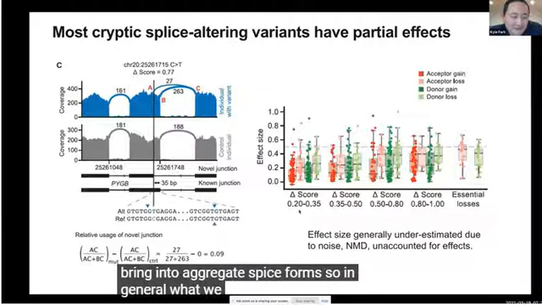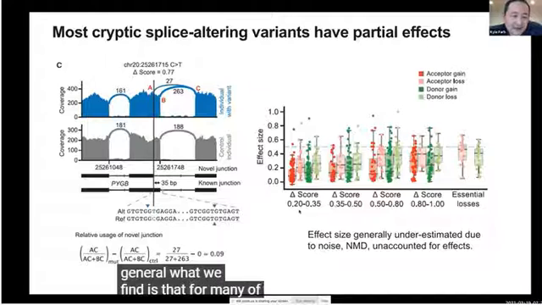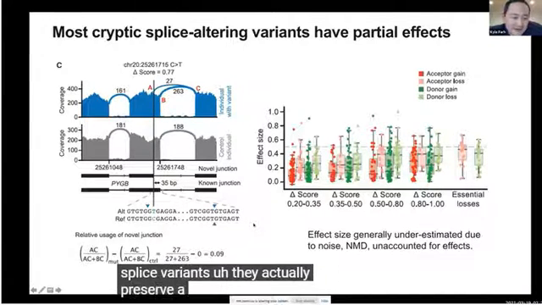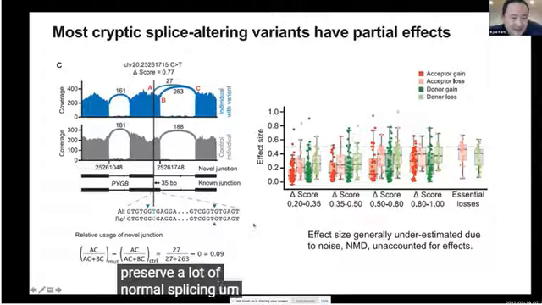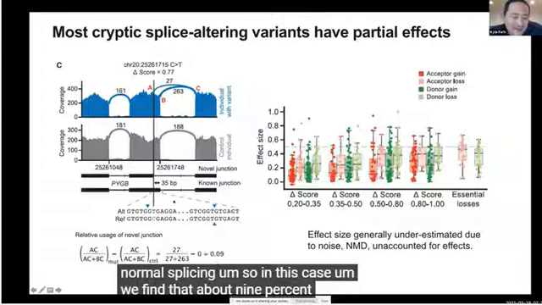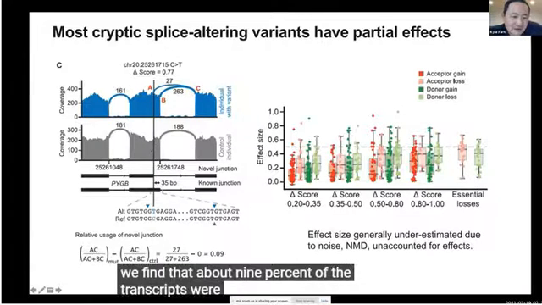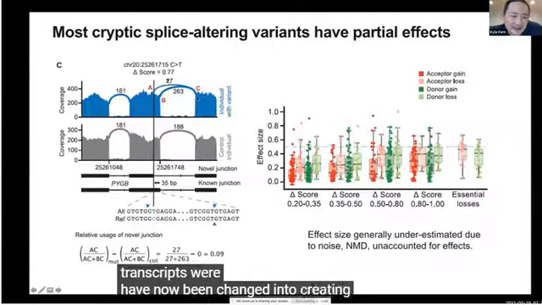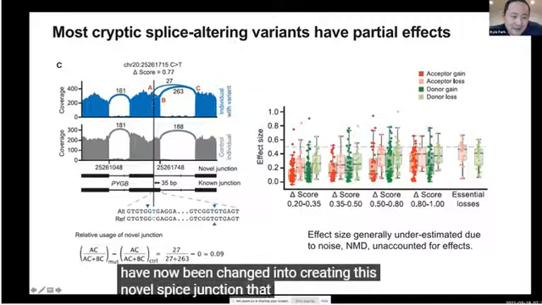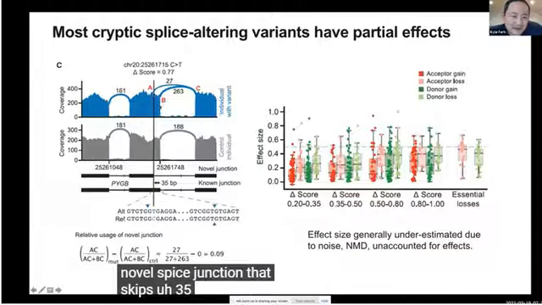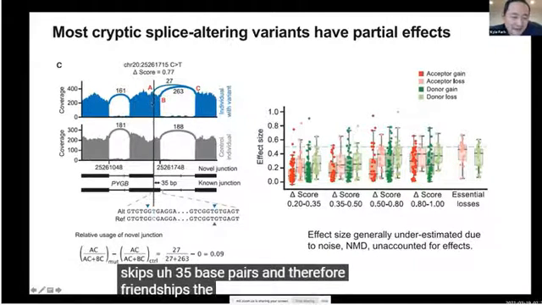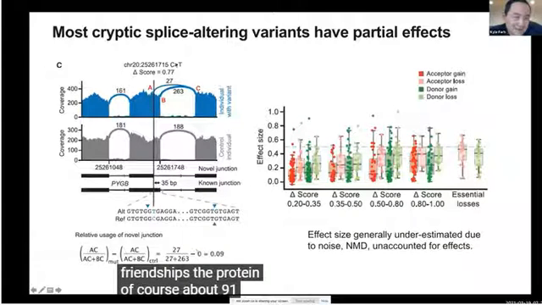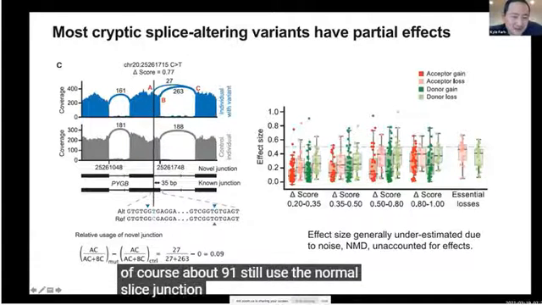So in general, what we find is that for many of these lower scoring splice variants, they actually preserve a lot of normal splicing. So in this case, we find that about 9% of the transcripts have now been changed into creating this novel splice junction that skips 35 base pairs and therefore frame shifts the protein, whereas about 91% still use a normal splice junction.